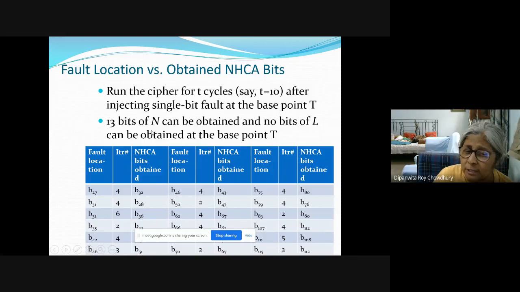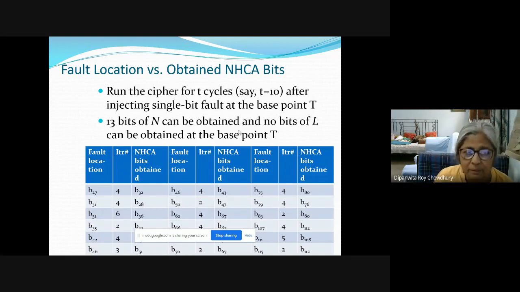Among the 128 bits of nonlinear CA, we can get only 13 bits, but among the 128 bits of linear, we cannot obtain any at the base point T. Remember, we have omitted that feedback part, so there is no direct relation between the linear and nonlinear CA, and that is why it is giving this.